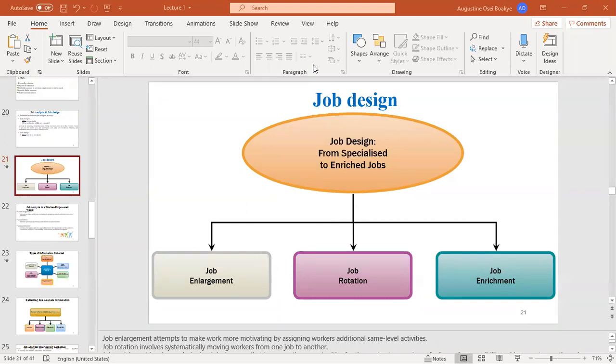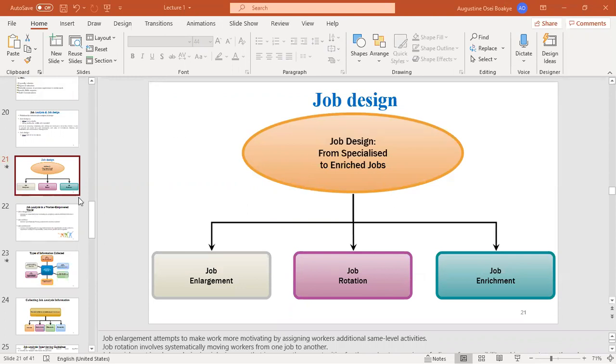So once you introduce some form of creativity into it, then it is expected that at any point in time, the individual will be satisfied. It is also expected to reduce boredom, the extent to which an employee will become bored performing a particular task. So all these things happen to be the objectives of job designing.